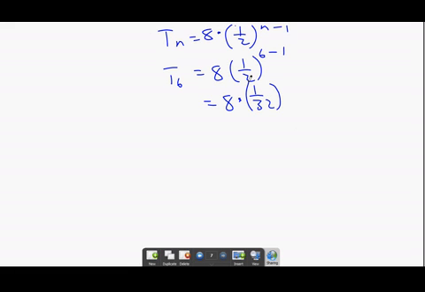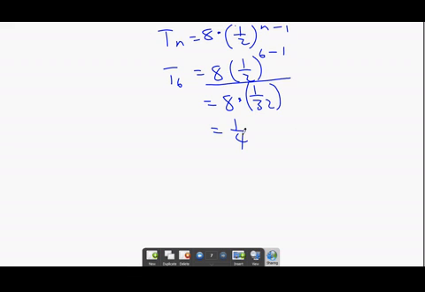Or I can just simply punch it all in my calculator, and then I'll get 1 over 4, just like that. So it's very easy to find your T6. You are now going to be having 1 over 4 as your answer.